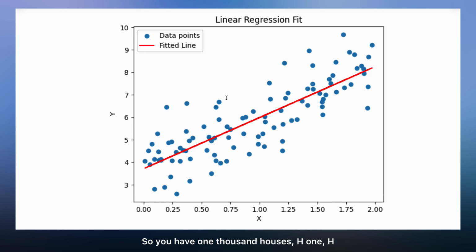So you have 1000 houses, H1, H2, H3, H4, and so on till H1000, and for each house Hi, you have the size of the house in square feet from New York. Let's call that X, because that is a given input, or something that you collected. And you have the price of the house.